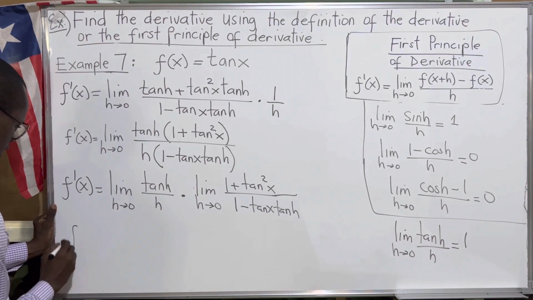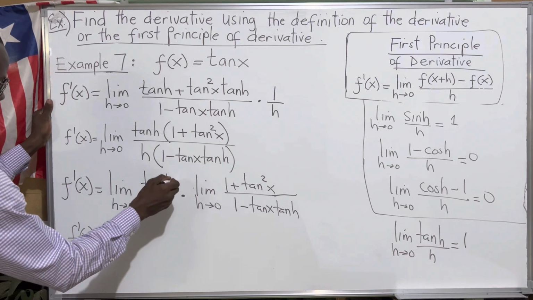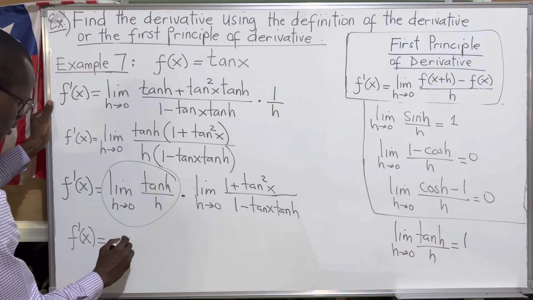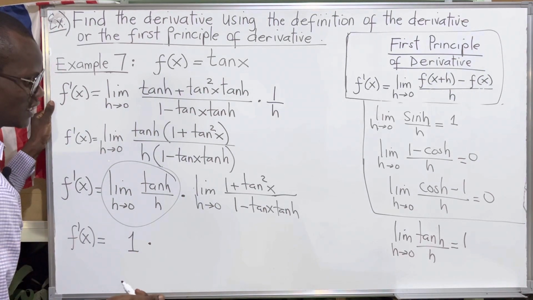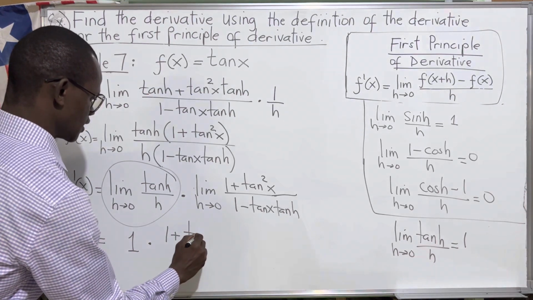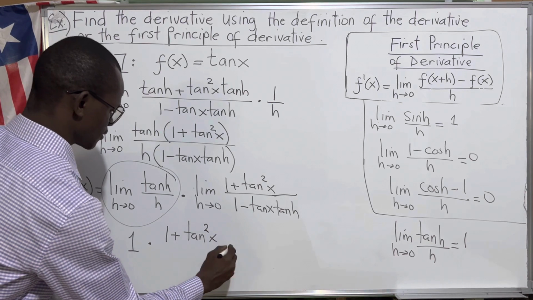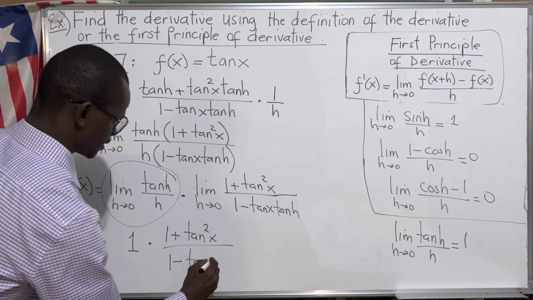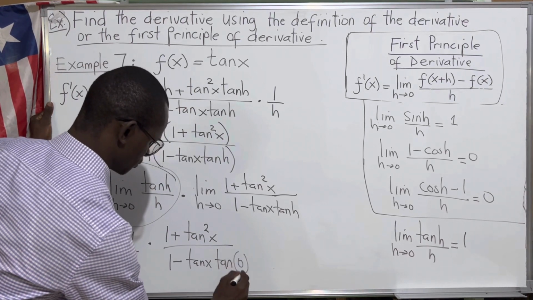So f prime of x is 1 times 1 plus tangent square x all over 1 minus tangent of x times tangent of 0.